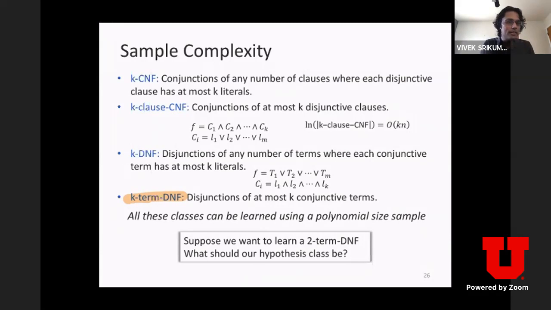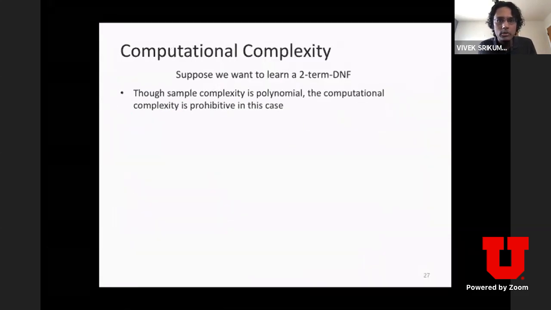Nature has chosen to represent its function as a 2-term DNF. It almost seems like the hypothesis class should also be 2-term DNFs. If we know that information, why not just use it? So if you want to learn a 2-term DNF, it may seem obvious that we should explore the set of 2-term DNFs.